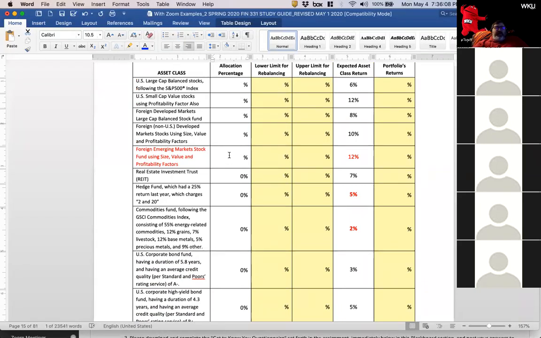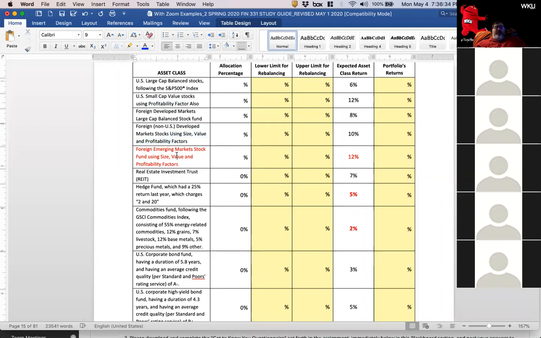Now we have here large cap balanced US stocks, small cap value stocks with the profitability factor, developed markets large cap balanced stock fund, developed markets using the size, value, and profitability factors, so basically small cap value with profitability again, and emerging markets with small cap value and profitability.